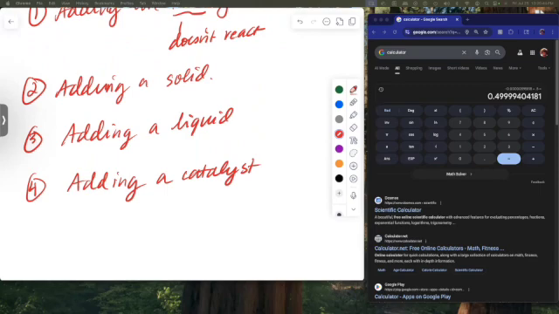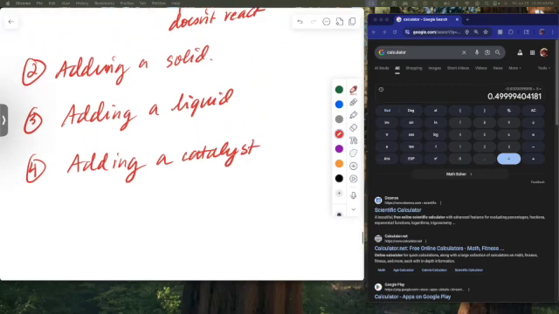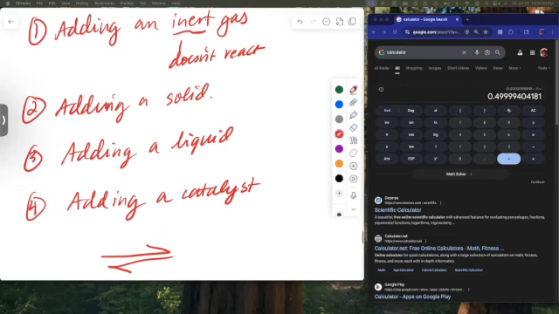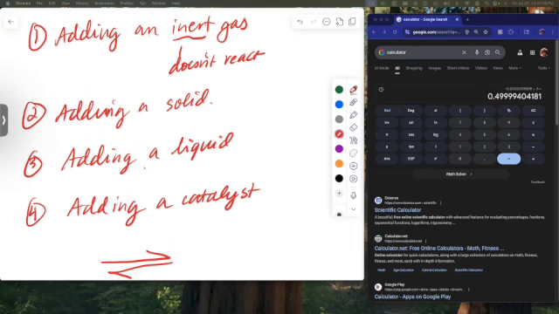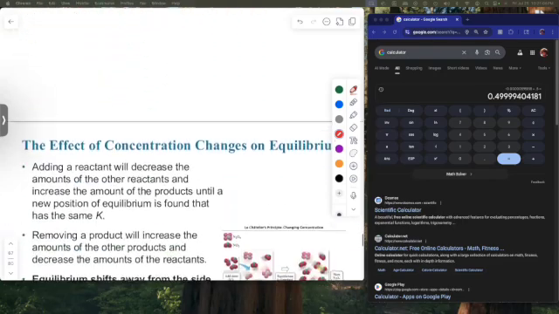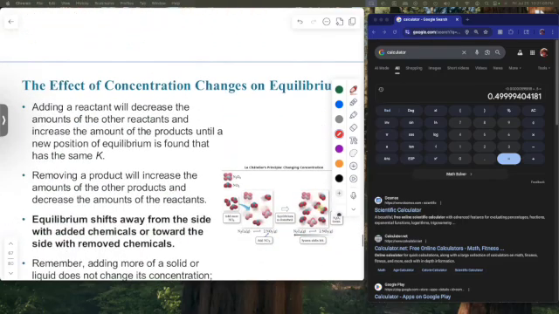It affects how fast we get there, but not really the value. It affects both the forward and the reverse reaction equally, so we get a wash, no change. So the following changes, once again, do not affect the equilibrium: adding inert gas, adding a solid or a liquid, or a catalyst. Now that I've covered that part, we can just go through this part. As they're saying here, if you increase the amount of the reactants, it will increase.